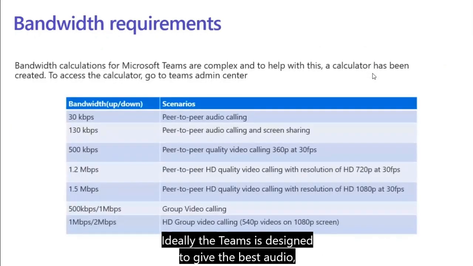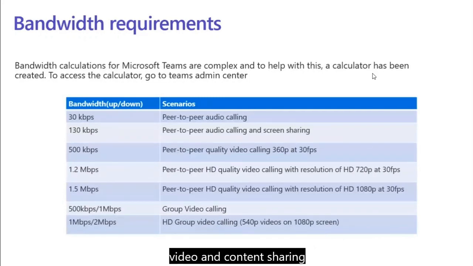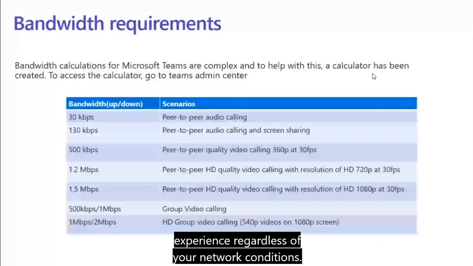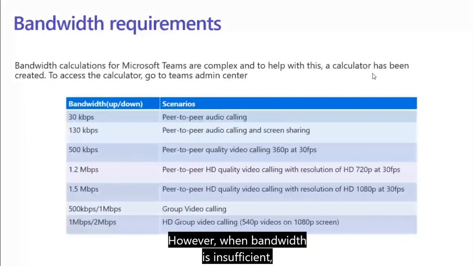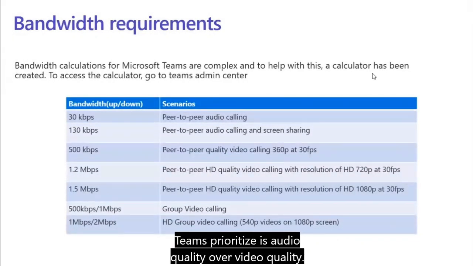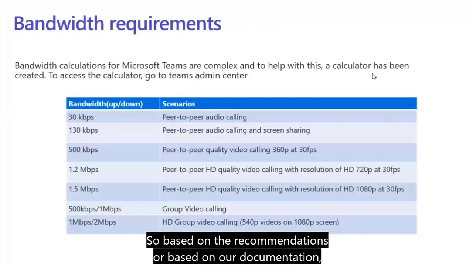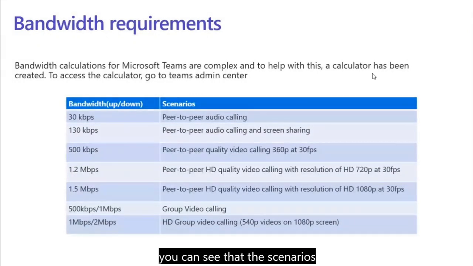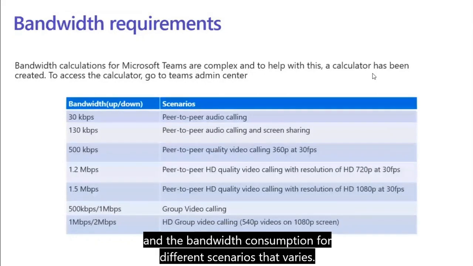Ideally, Teams is designed to give the best audio, video, and content sharing experience, regardless of your network conditions. However, when bandwidth is insufficient, Teams prioritizes audio quality over video quality. Based on our documentation, you can see the scenarios and how the bandwidth consumption varies for different scenarios.